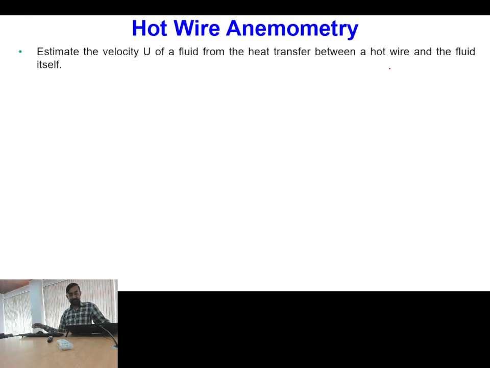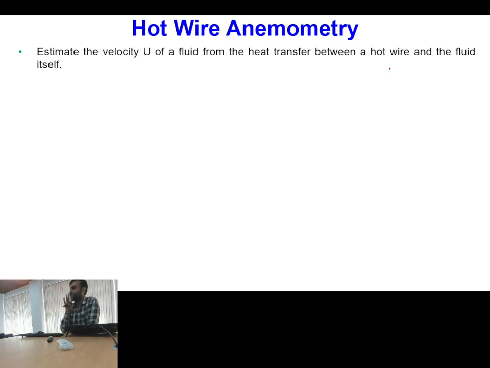Then comes the next method, which is hot wire anemometry. Okay, so in case of hot wire anemometry, what we do, anyone has any idea? Temperature change. Yes, so we will put some hot wire, and then depending upon the flow rate there will be different rates of heat transfer, which will change the resistance.